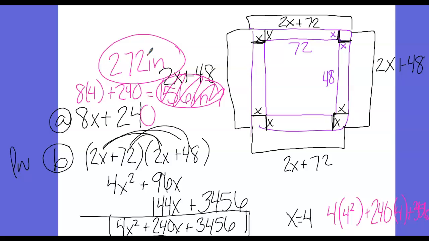Because 4 squared is 16, times 4, I did that wrong, plus 240 times 4. I didn't know we had to simplify the parentheses part, so I just used the 4,672. It should be 4,480.